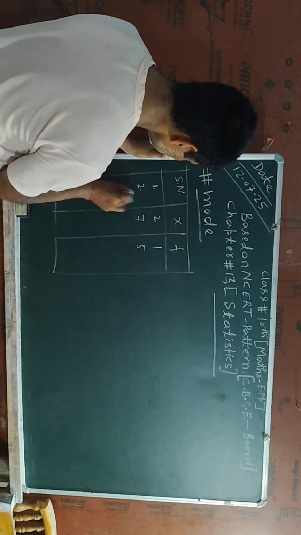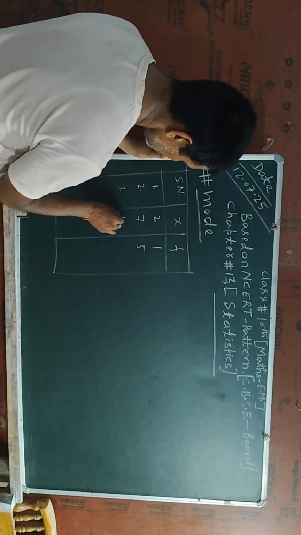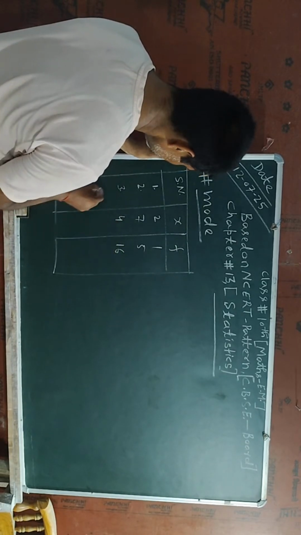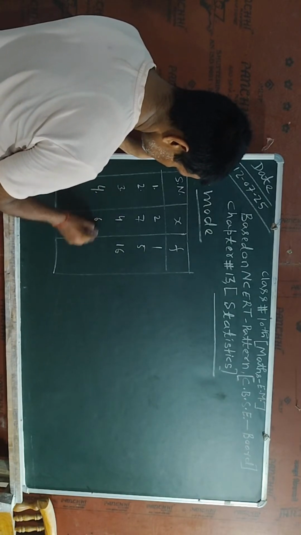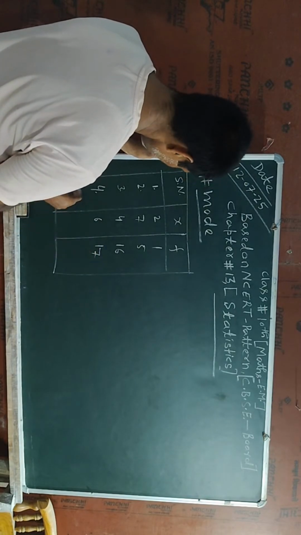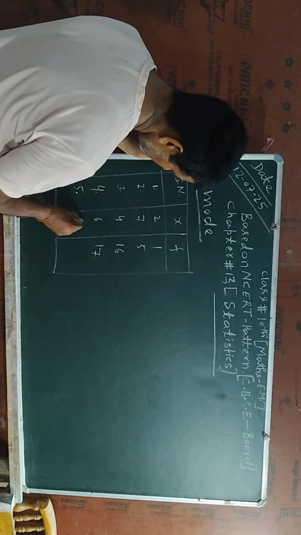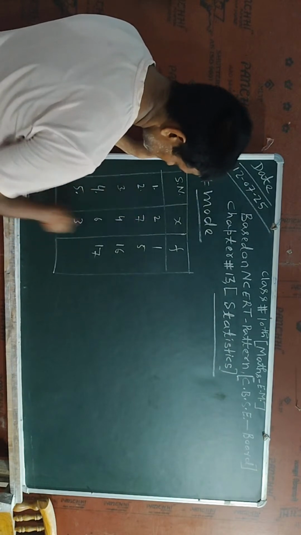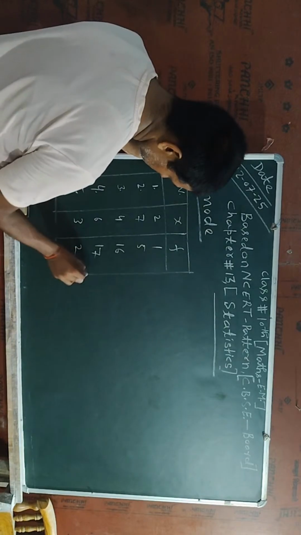Serial number 3, the term is 4, but it has a repetition of 16. Serial number 4, the term is 6, and its frequency is 17. Serial number 5, the term is 3, but its frequency is 2.